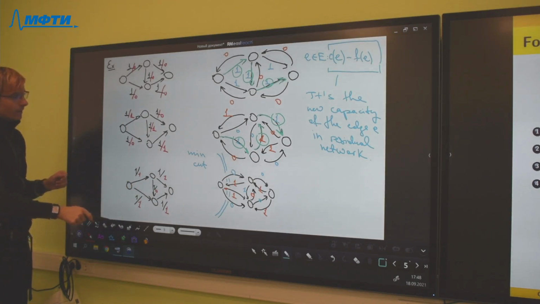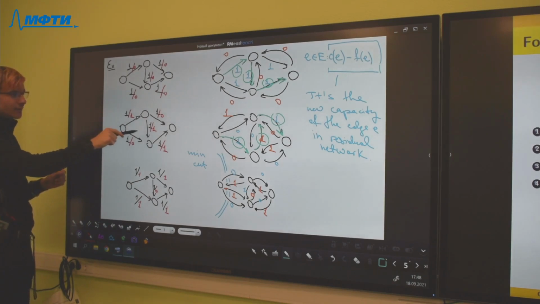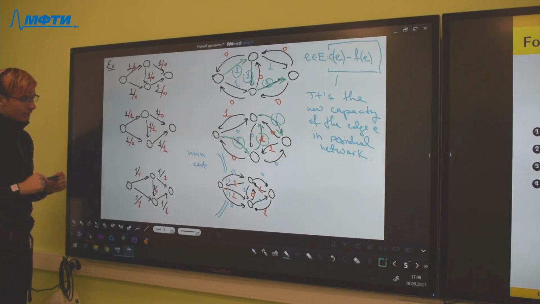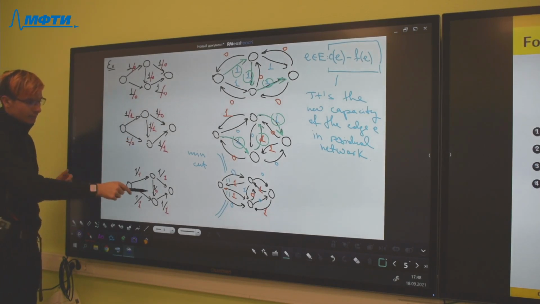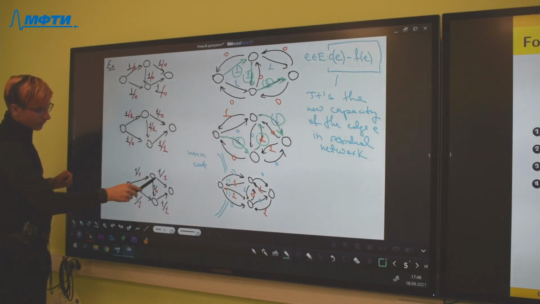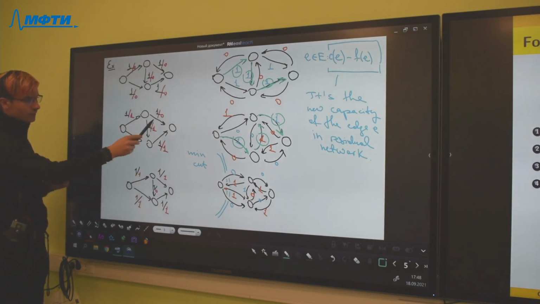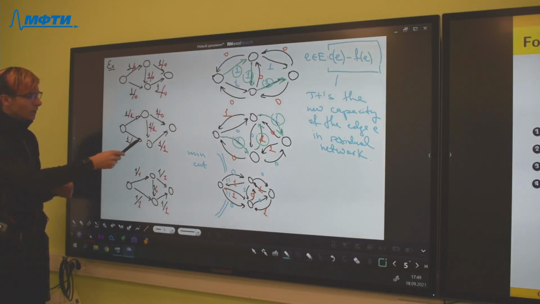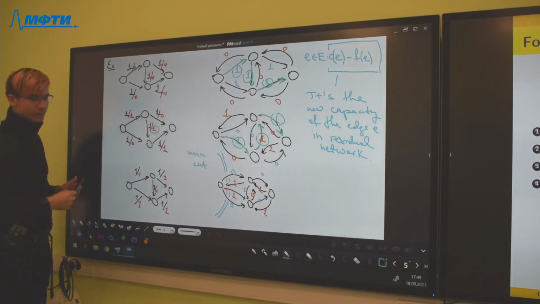We don't touch this edge and this edge. We decrease flow through this edge by 1 and get 0 flow, and we increase flow through these edges and now get 1 and 1. Why do we have 0 flow in the middle? Because here we had flow equal to 1.